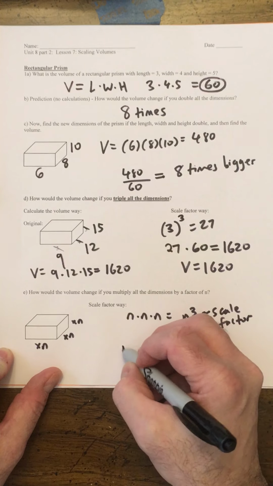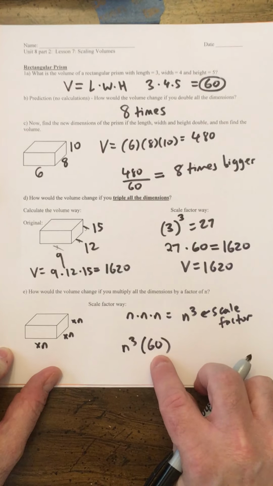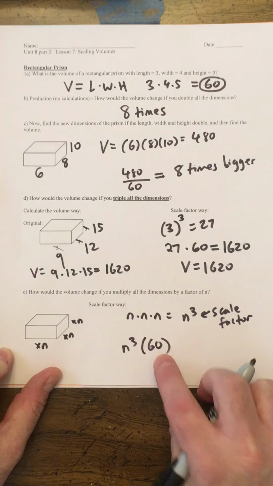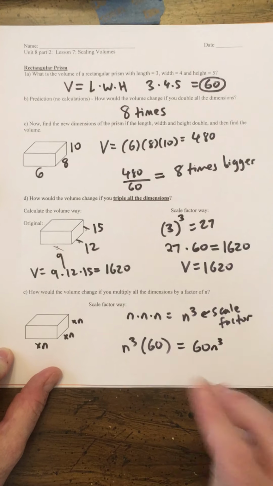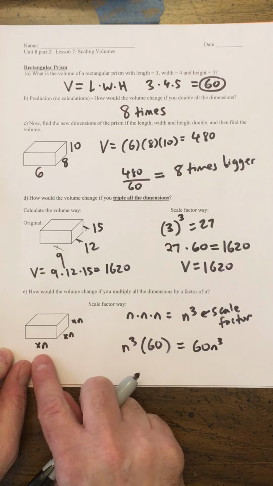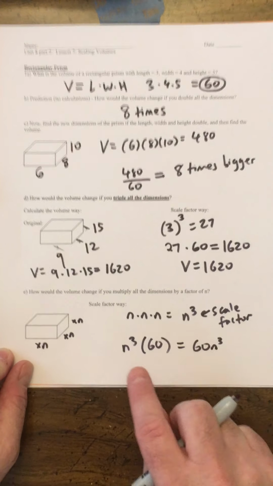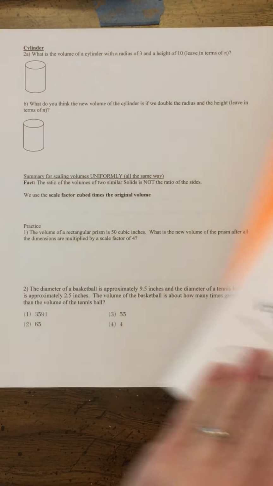You take our scale factor and multiply it by the original volume, the one that you're scaling, and that will give you your new volume. That will work no matter how you scale up. If you triple or quadruple the sides, this will work. All right, so let's move on to the next page.